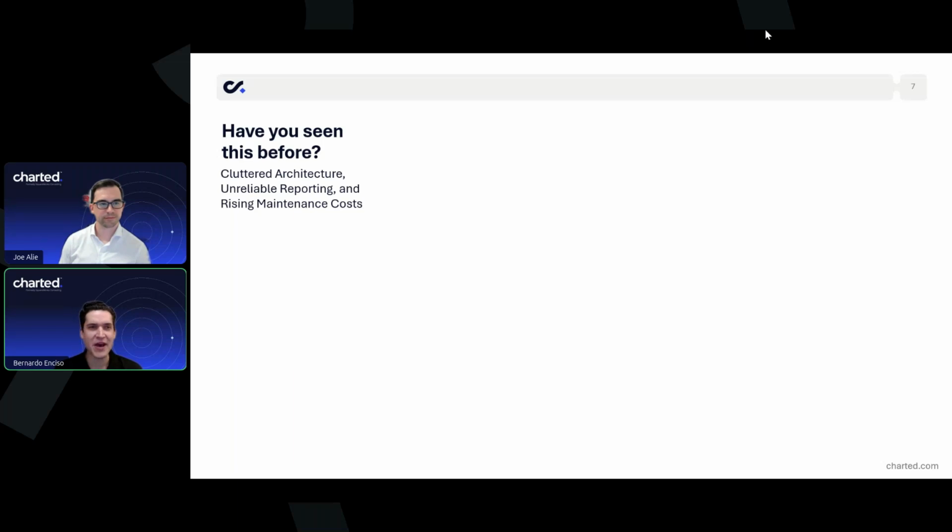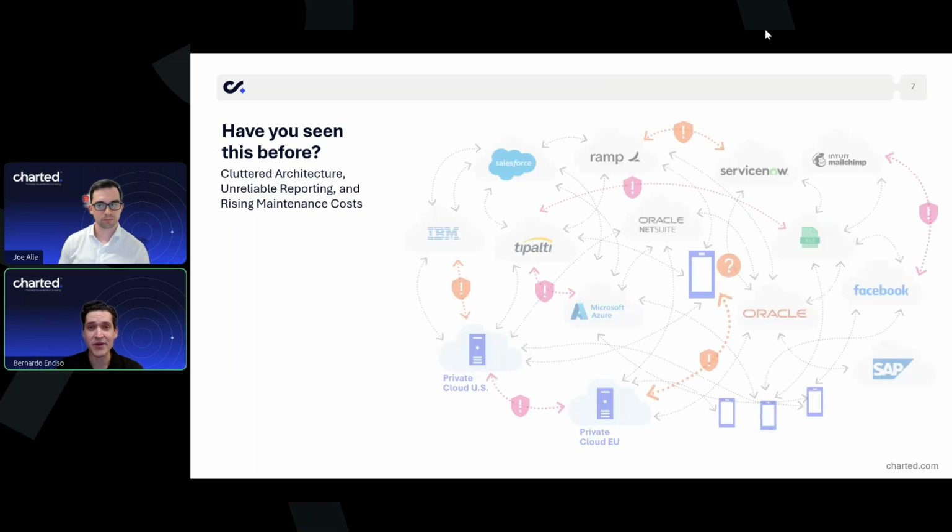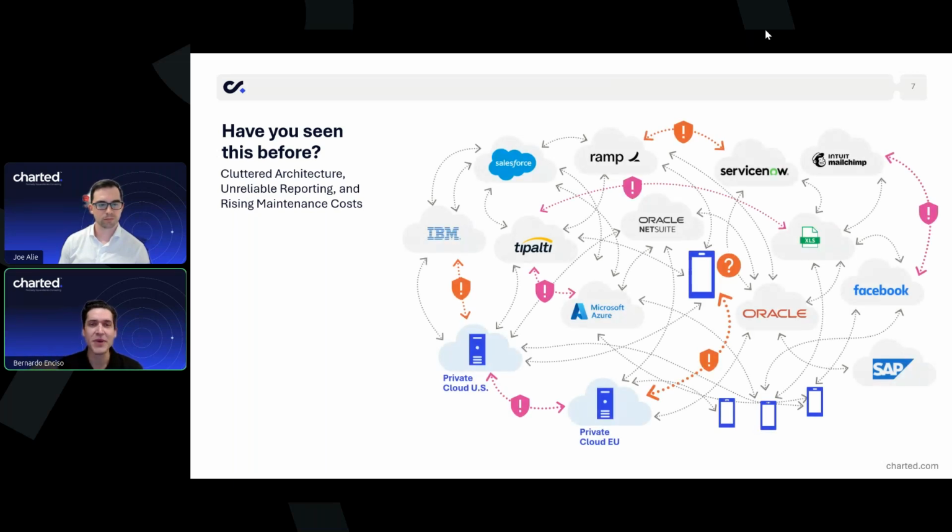Some folks have processes broken out into multiple systems. Some folks try to really make a conscious decision to unify as much as possible into a single system. The reality, though, of the time that we live in is that there's a lot of systems out there, and companies do their best to consolidate as much as they can.